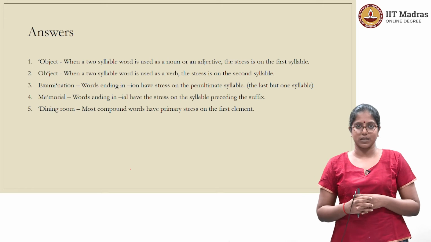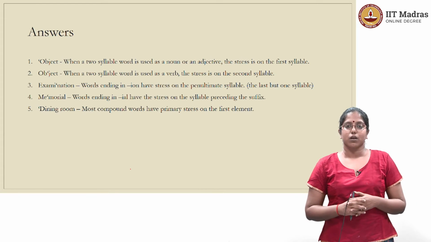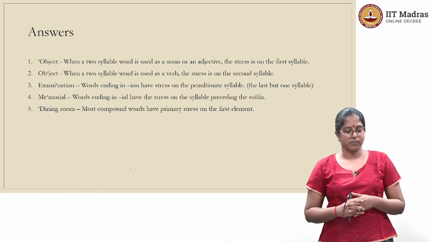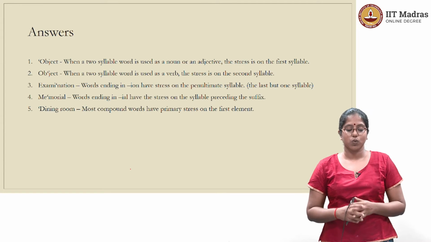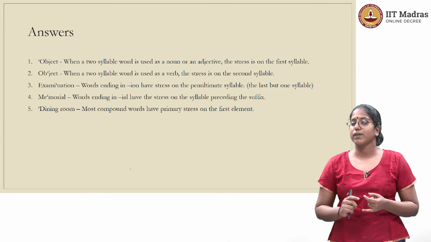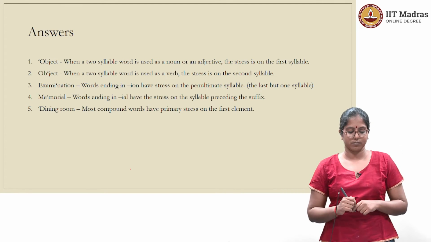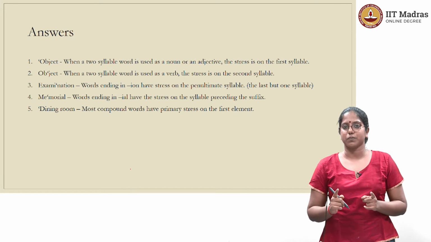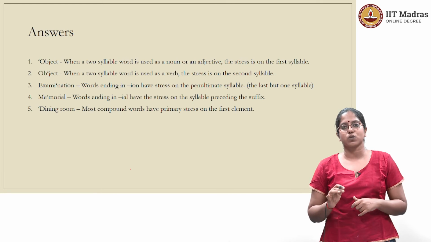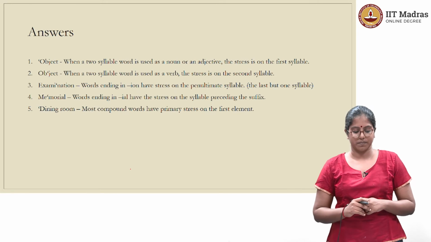Now let's discuss the answers. The first word is object as a noun. So the rule is, when a two-syllable word is used as a noun or adjective, the stress is always on the first syllable. Of course, there are exceptions, but then this rule applies to at least 80% of the words in that class.